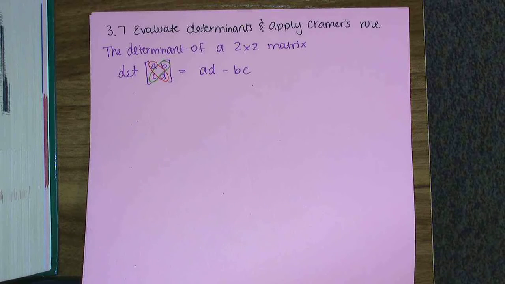And I'm going to show you 2 ways to do it. Some people like the diagonal method. Some people like just knowing the formula method. But yeah, basically it's just a real number that's associated with a square matrix. All it is. So, okay, so the determinant of a 3 by 3 matrix.